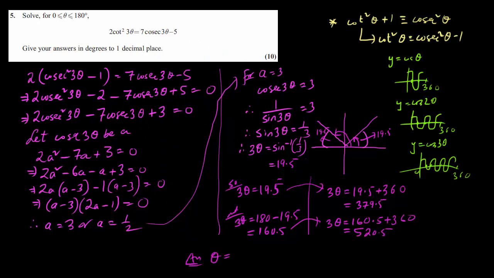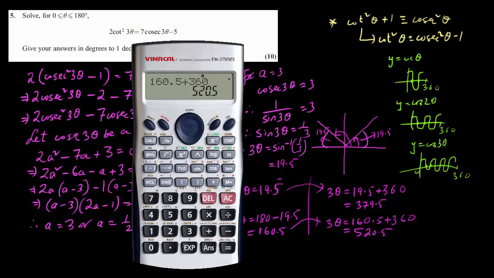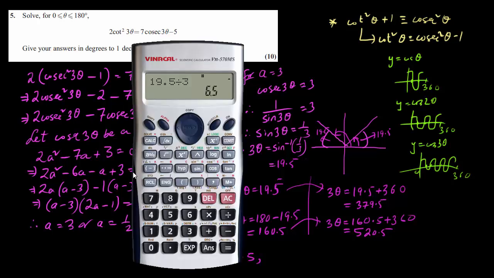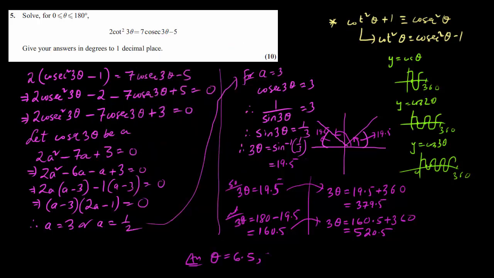Now let's write down the answers. Theta equals 19.5 divided by 3, that is 6.5 degrees. The next one is 160.5 divided by 3, that is 53.5 degrees.